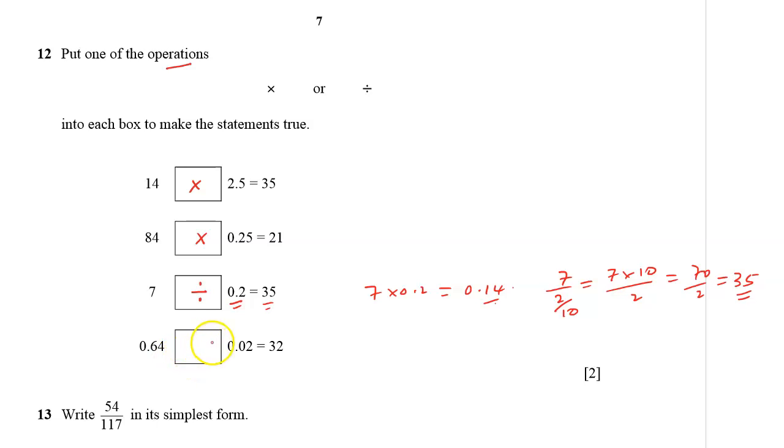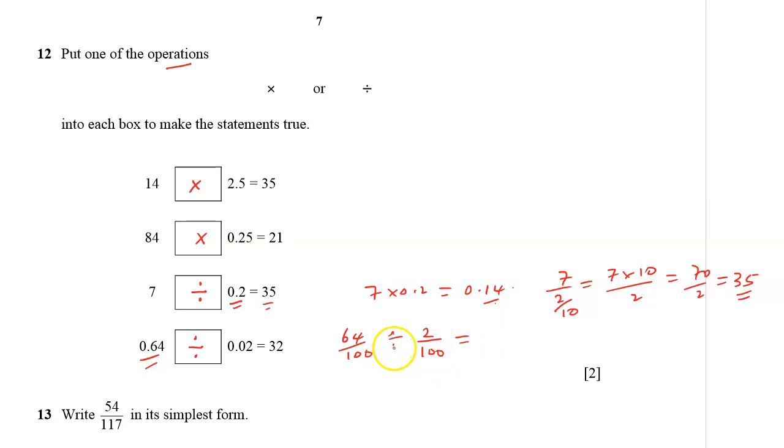Then 0.64 giving us 32. Of course, if it is multiplication, it will be much less. So this as well is division. You can prove that by changing this into a fraction. When you change that to a fraction, it will be 64 divided by 100, divided by 2 divided by 100 as well.